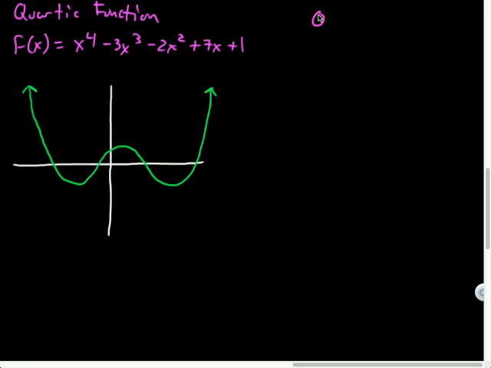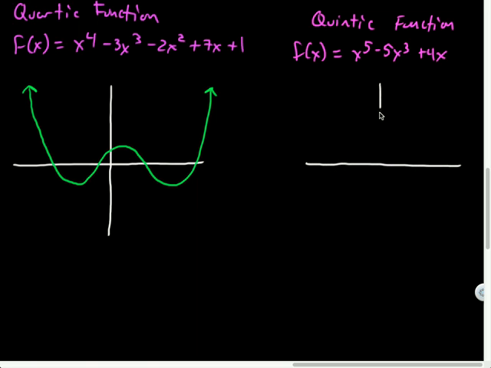And how about a quintic function, or a 5th degree polynomial? I think that's the first time we've used the word quintic. Maybe I might have mentioned it before. So what if I had something like this? f of x equals x to the 5th minus 5x cubed plus 4x. What's the degree of a quintic? 5, right? If it starts from up, it's going to go down, up, down, up, down.